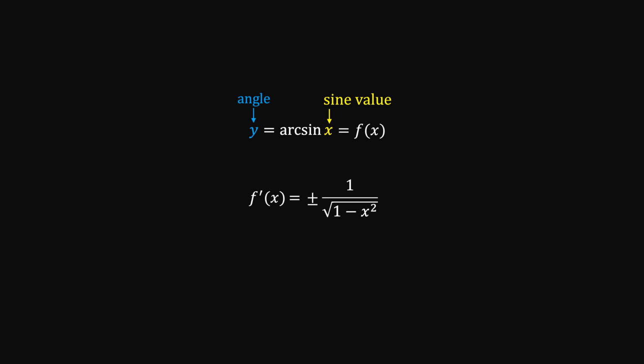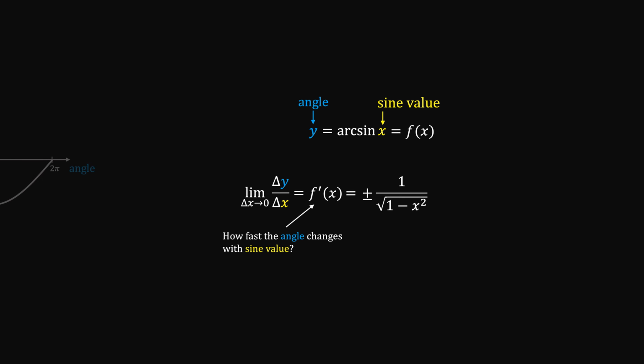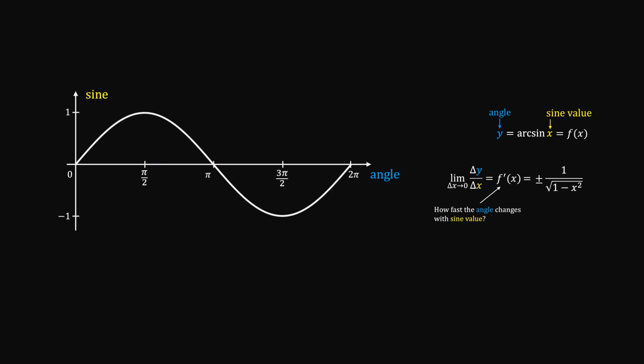y is the angle, x is the sine value. So the derivative is the limiting ratio of the two changes, telling us how fast the angle changes with sine. Let's put a graph here to see clearly. If we consider the angle from 0 to 90 degrees, as the angle increases, so does the sine value, until it reaches max 1.